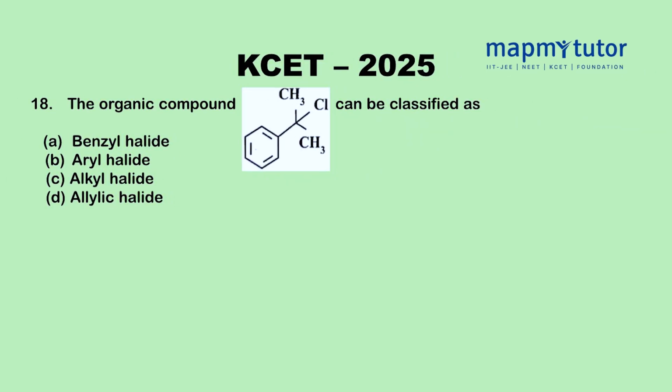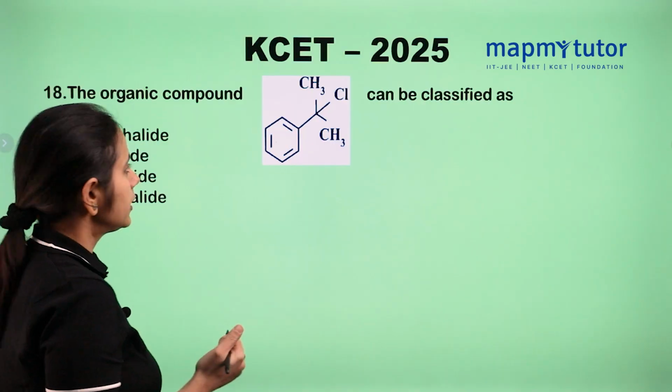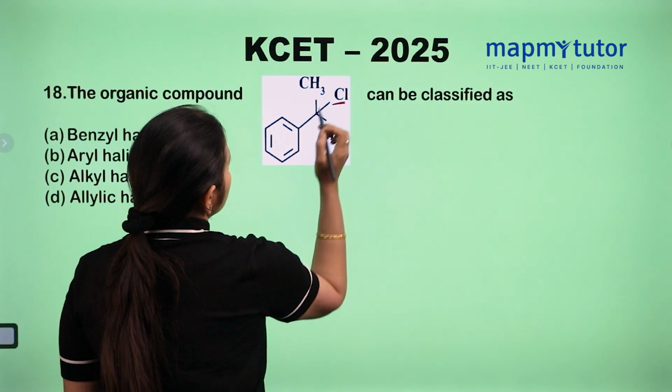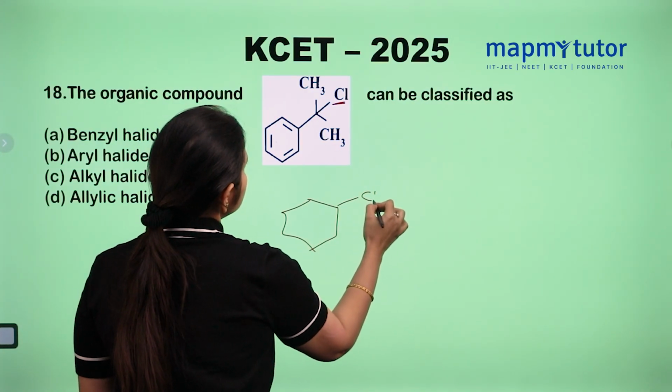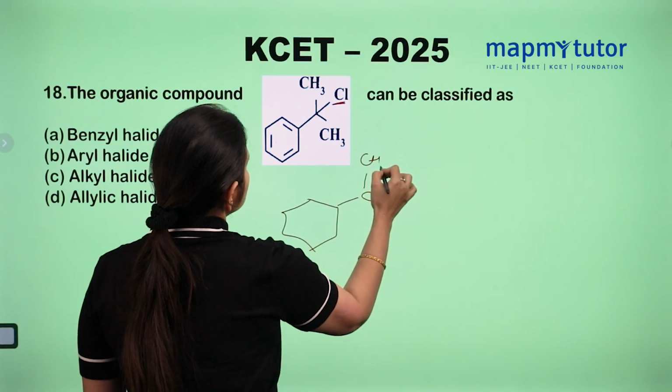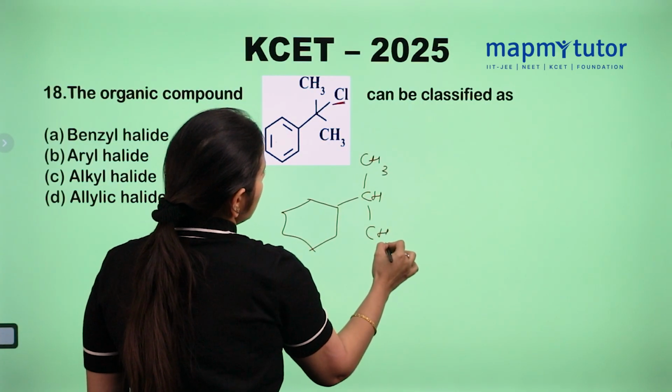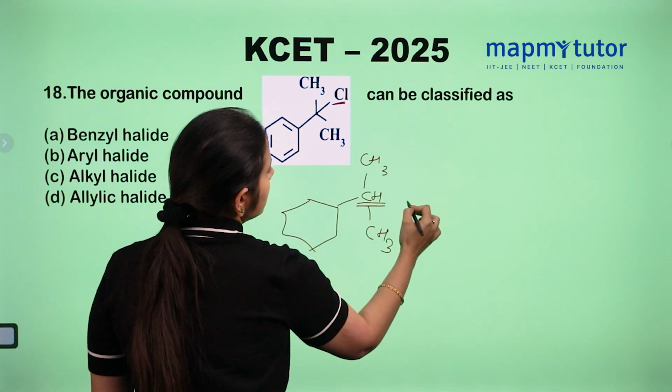The organic compound can be classified as benzyl halide, aryl halide, alkyl halide or allylic halide. Let's see, if we remove chlorine from this, we will get this position. This is CH, CH3 and CH3. And this position is known as the benzylic position.